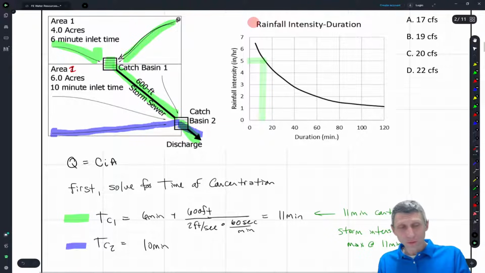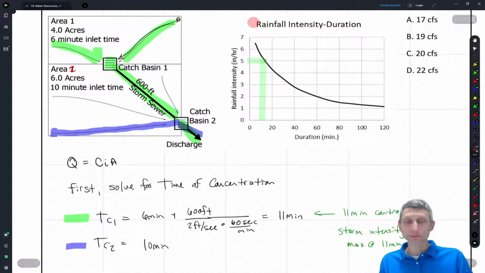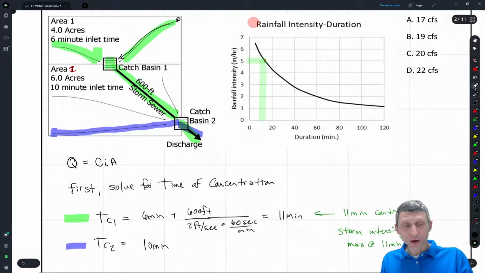So we hit this curve somewhere around that point, okay, which is roughly 5 inches per hour. So what we've just done is we've gotten our I. So this is our I value of 5 inches per hour.